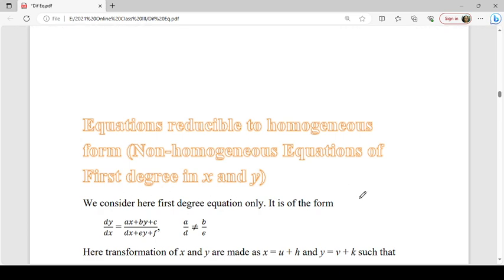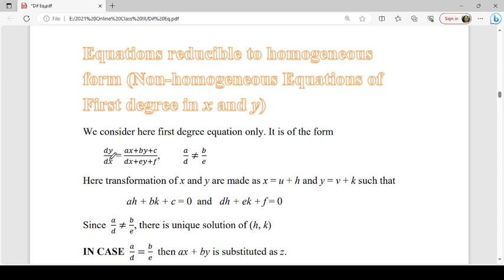It is of this form, dy dx is equal to, this is linear, ax plus by plus c, this is also abc, this is def, and two cases are there. One is these coefficients are proportional, and the other is coefficients are not proportional.